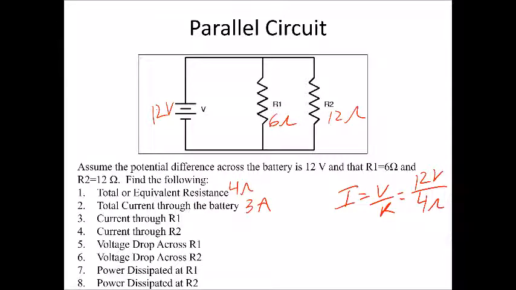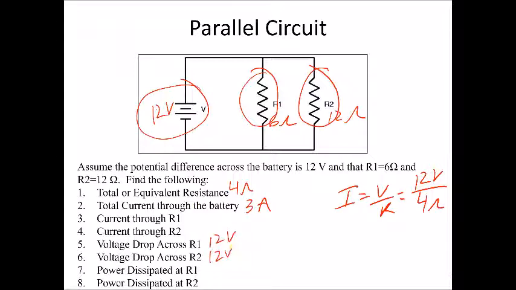Well, there's only one resistor on each of these 2 branches. That tells us that the voltage drop across the battery is equal to the voltage drop across here and the voltage drop across here. So our voltage drop across 1 is 12 volts. Our voltage drop across 2 is 12 volts.